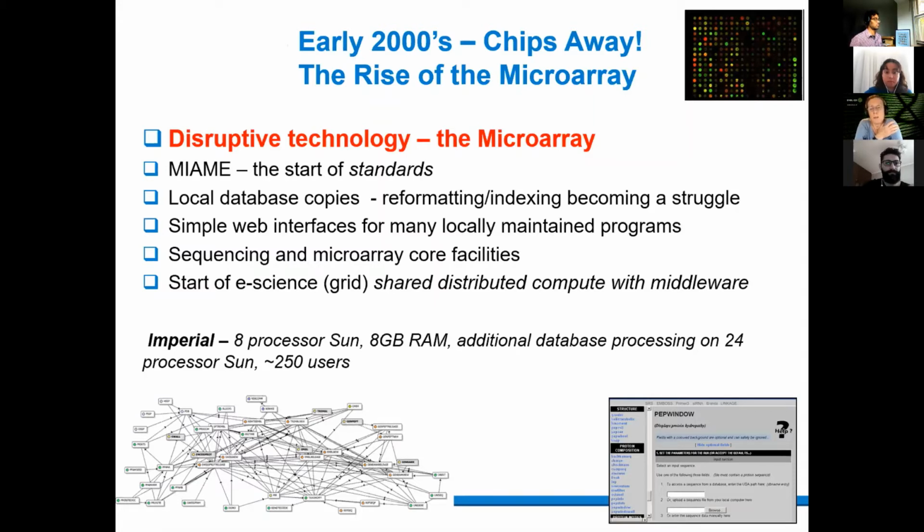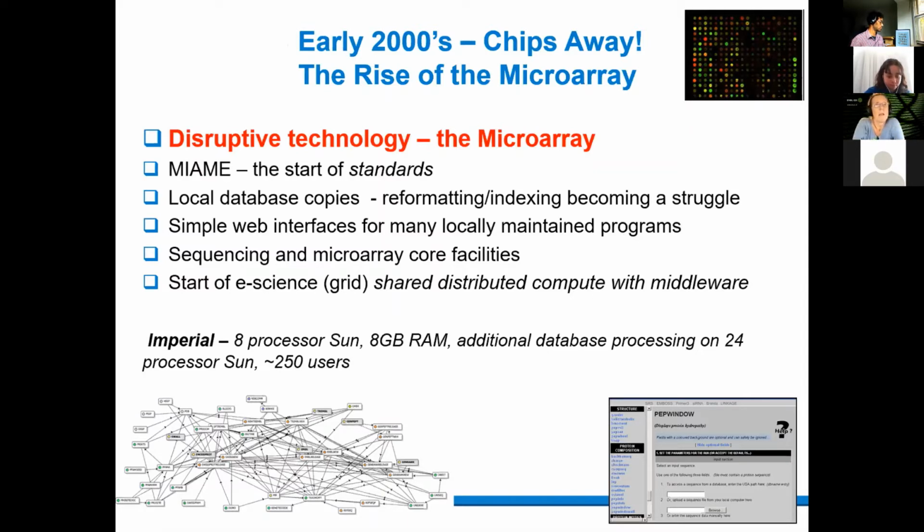So around this time, the local copies of the large biological databases like EMBL and GenBank became too large for most institutions to want to keep their own local copy. But that was okay, because they were widely available on larger sites, along with simple web interfaces for many locally maintained programs.